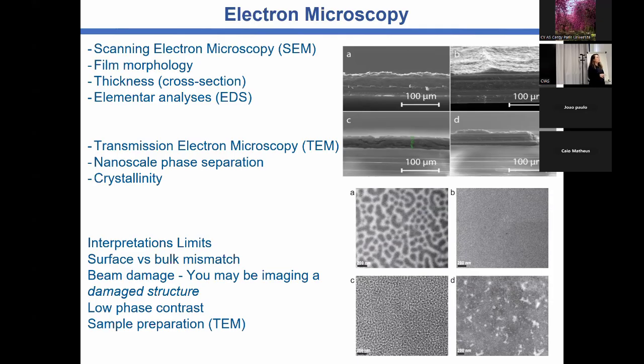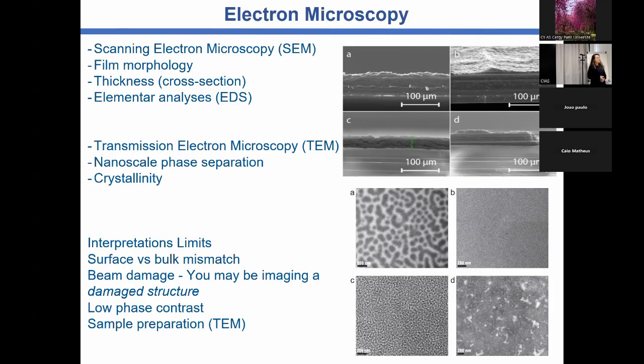The scanning electron microscopy has several important characteristics to observe in the material, but here I just focus on the organics. So we can see the film morphology of the organics, the thickness if you are seeing the cross-section, or you can have this elemental analysis using the EDS.